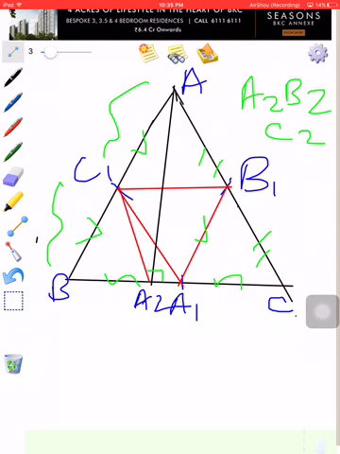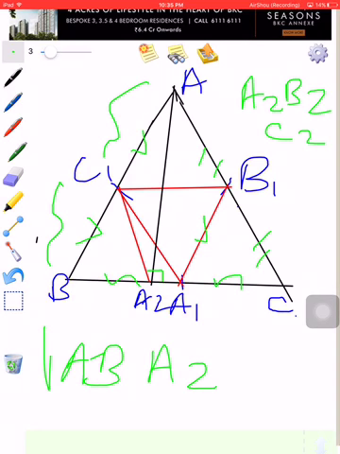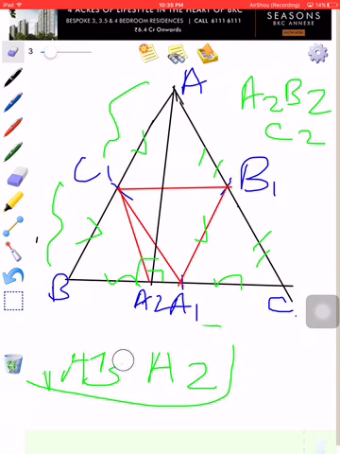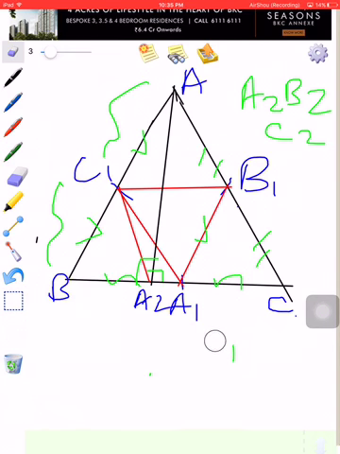On the same lines, I join A2C1. Observe triangle ABA2. It's a right angle triangle with right angle at A2. And when you see medians in a right angle triangle, this is the most commonly used part.